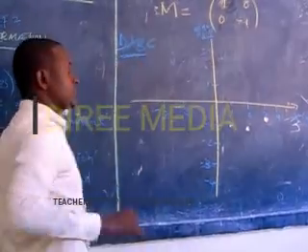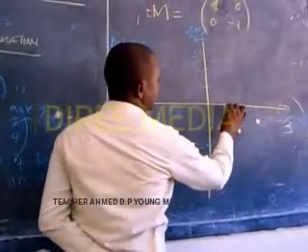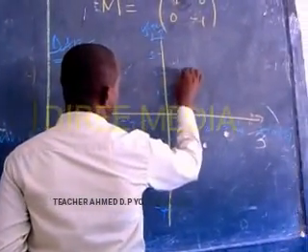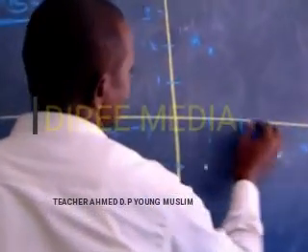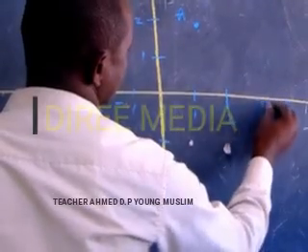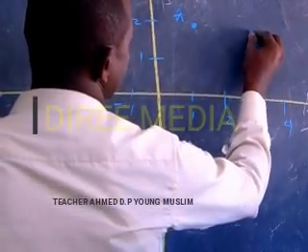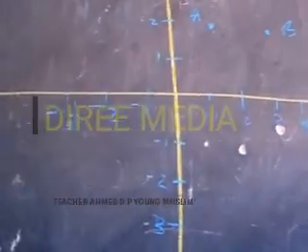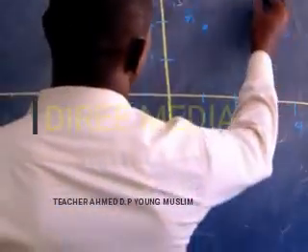So in that case, maybe I have A as 1, 2, that's my A. B as 3, 2. And maybe my C as 3, 4.